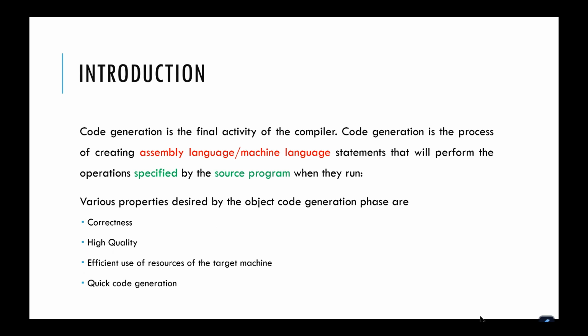Efficient use of resources of the target machine means that while generating the code, it is necessary to know the target machine on which it is going to be generated. That means we have to know what we are generating the target code, machine code or assembly language code for. By this, the code generation phase can make efficient use of resources of the target machine.